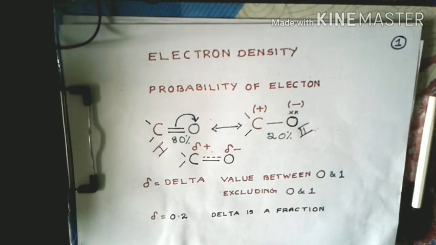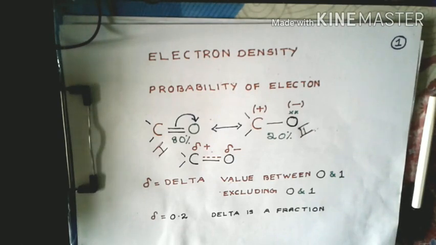So 80 into 0 by 100 plus 20 into 1 by 100, because the carbon in structure 2 possesses positive 1 charge. So the sum will be equal to 20 by 100, that is 0.2. So delta here will be 0.2.